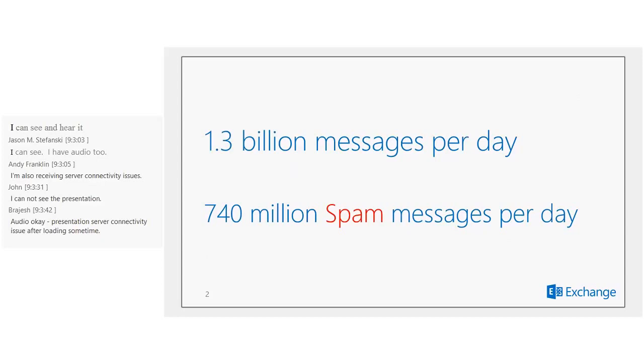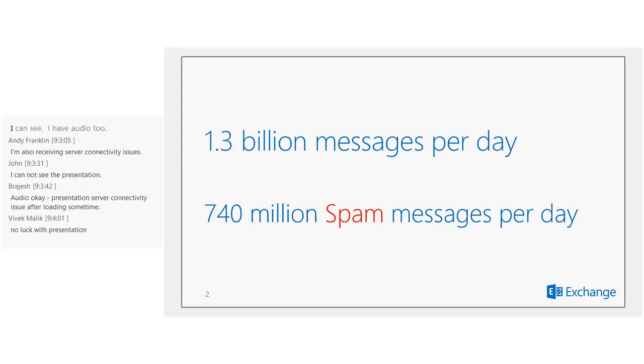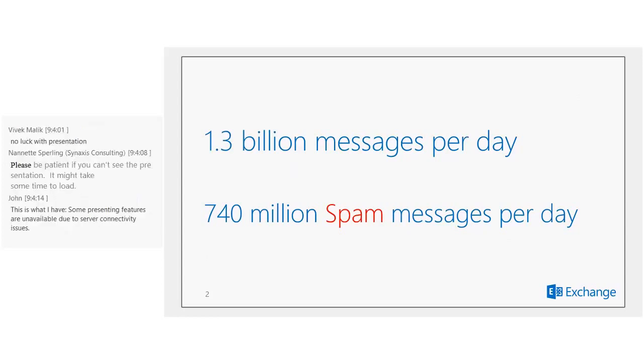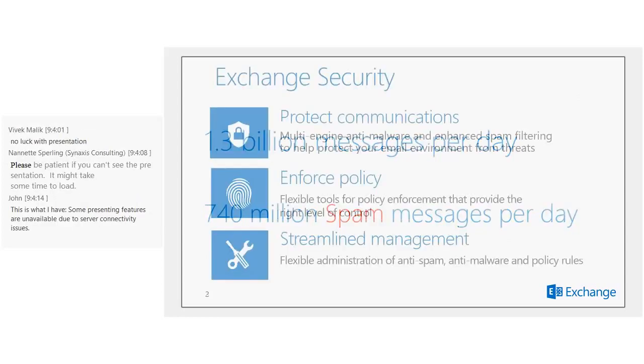That number used to be somewhere in the high 90s. So that has come down quite a bit. But still, 68% of your network traffic is spam. That's a waste of bandwidth. It's a waste of your network resources. And that's where Exchange Online Protection comes into the picture.